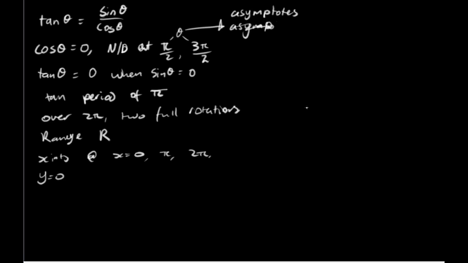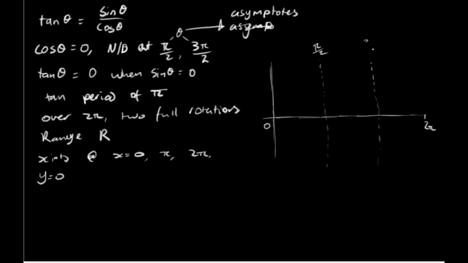So just to make sense of what we're talking about, between 0 and 2 pi, we're going to have the tan graph.